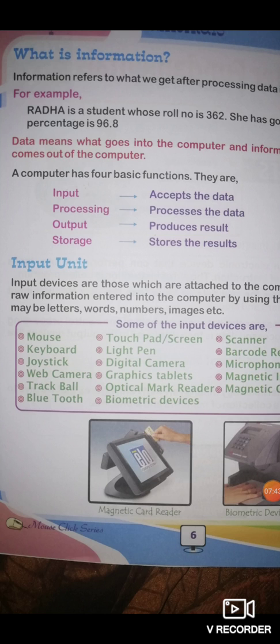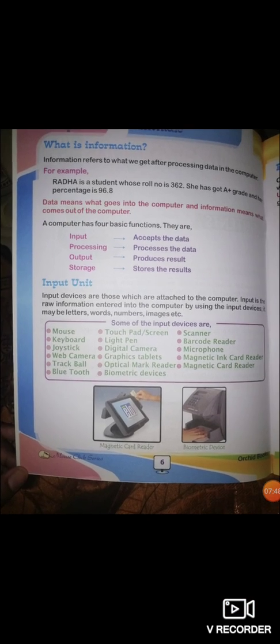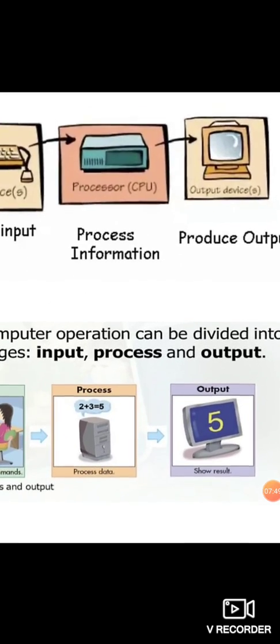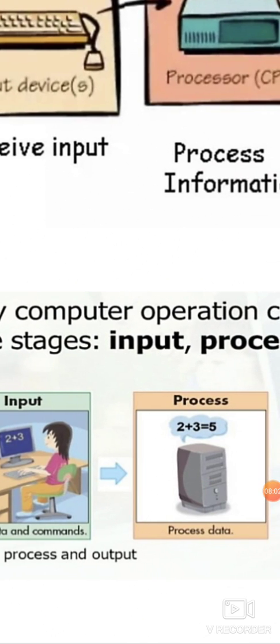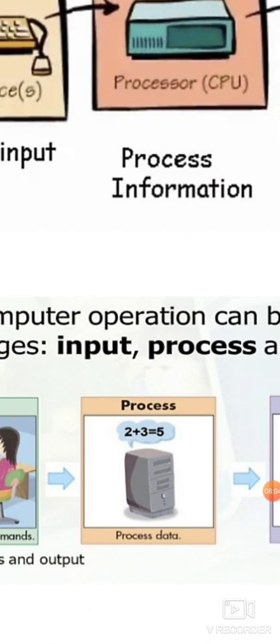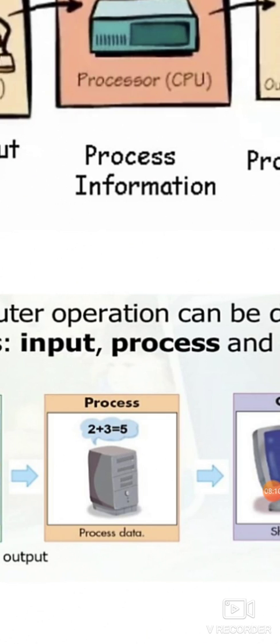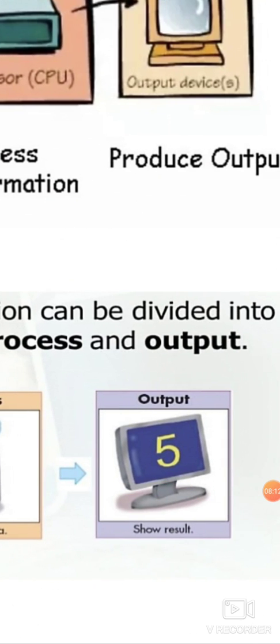For example, if you are going to add two numbers, let me show you. Here you can see 2 and 3. The person enters 2 plus 3 as input through the keyboard, and then it goes to the processing device called the CPU, where 2 and 3 get processed as 5, and then this 5 is displayed as the output.